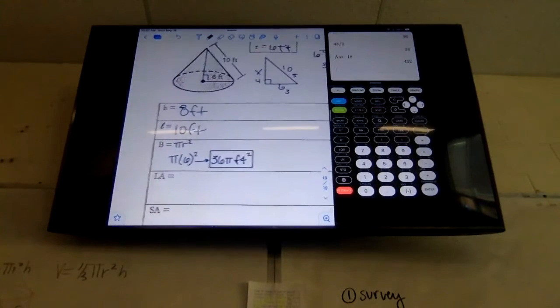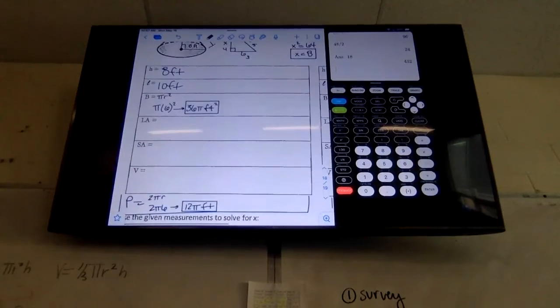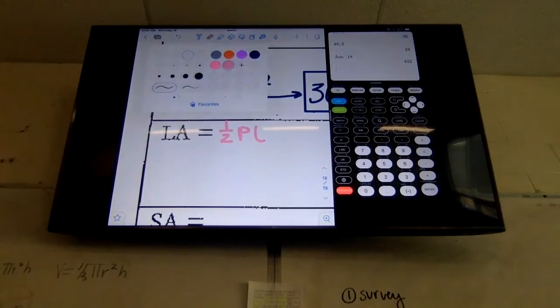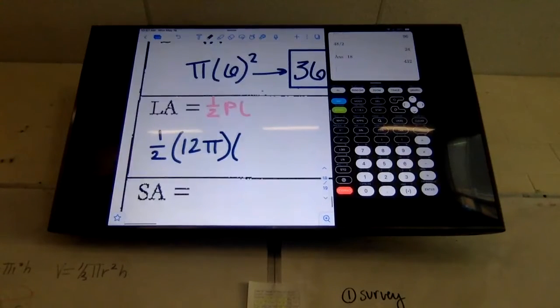Okay. Questions, thoughts, comments, concerns? All right, now we're getting to LA and SA and V. So I'm going to remind us that LA is going to be 1/2 P times L. So we're going to do 1/2 times, what's my P? 12 pi times L, which is 10.